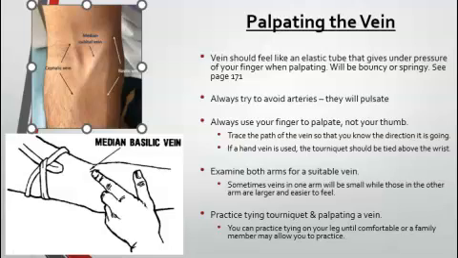See if you can feel veins or palpate veins on family members and friends, and get comfortable with trying to find veins. The 3 main arm veins we're going to be trying to feel when we palpate are the 3 veins that are pictured here in this image: the cephalic vein, the median cubital vein, and then the basilic vein.